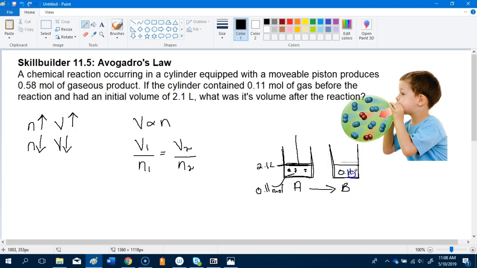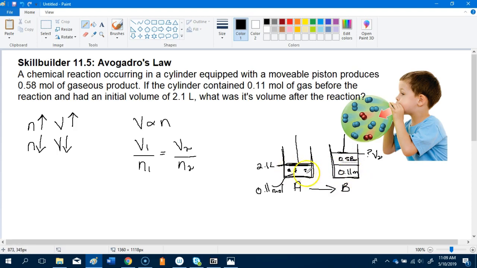Along with this 0.11 moles of gas, we're going to produce an extra 0.58 moles of gas. So this reaction creates more gas, which means our volume is going to increase, and it increases to what amount?